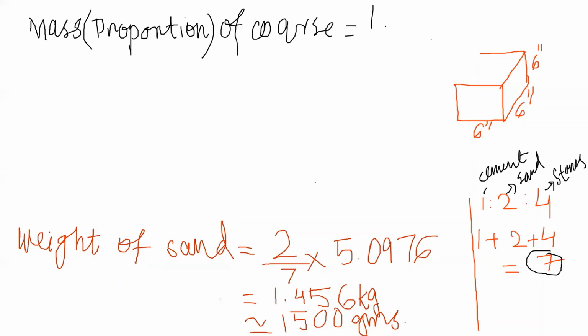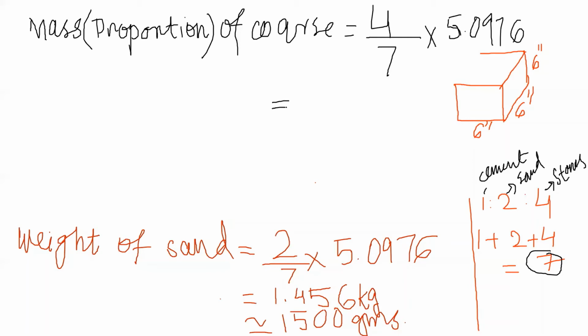So you have to take the proportion for the crush aggregate, which is 4 divided by 7. Obviously, its amount will be more. So I have to calculate this one.